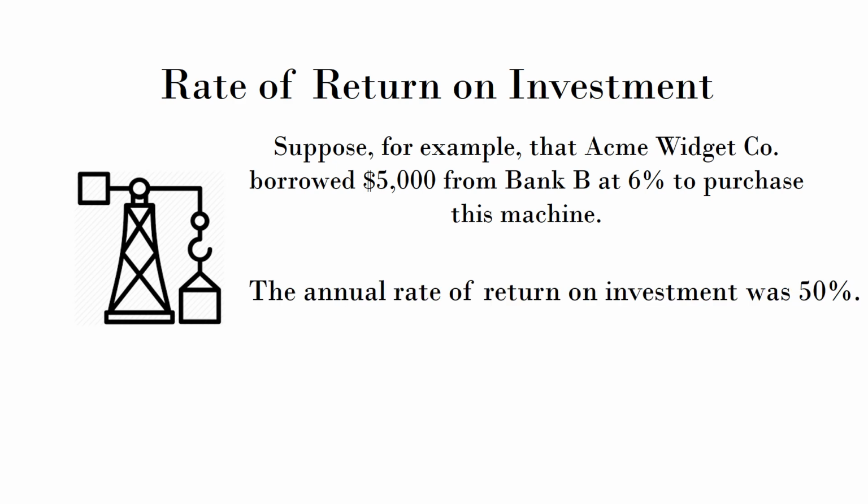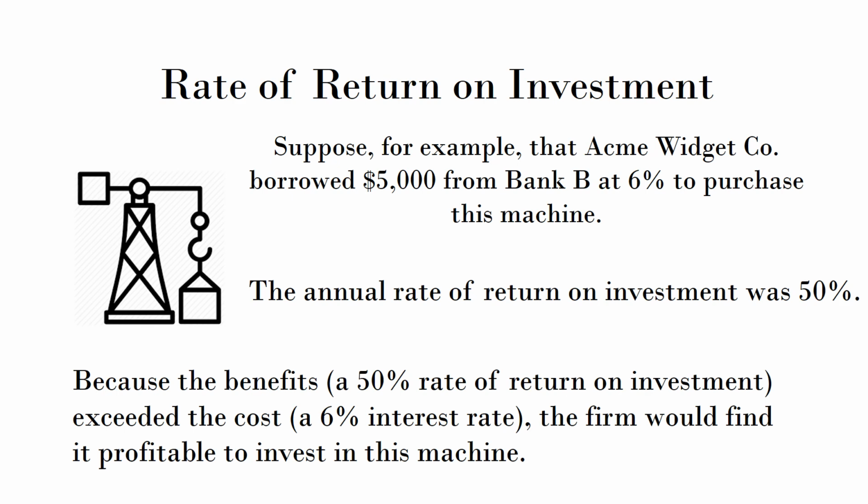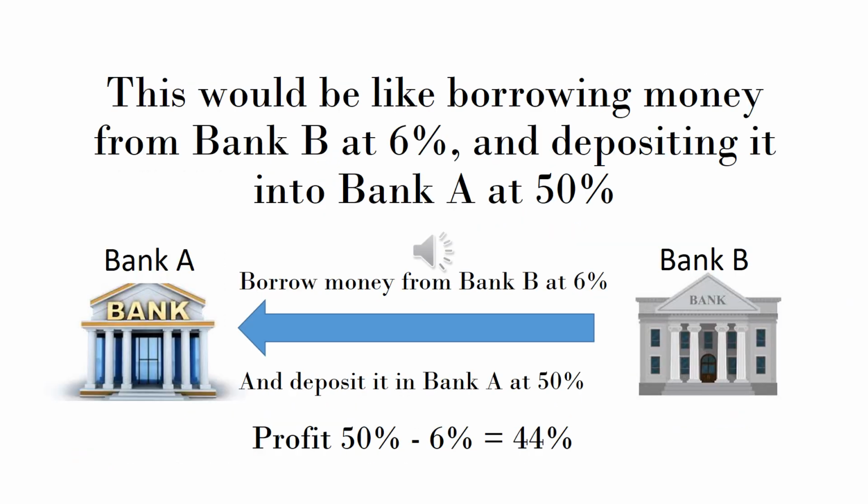The annual rate of return on investment was 50%. Because the benefits, a 50% rate of return on investment, exceeded the cost, the 6% interest rate, the firm would find it profitable to invest in this machine. This would be exactly like borrowing money from Bank B at 6% and depositing it into Bank A at 50%.